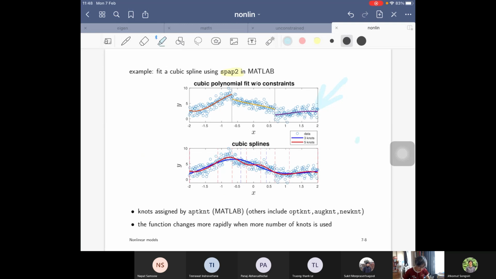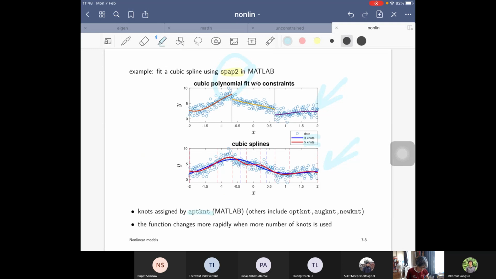In the bottom row, we consider two cases, 3 knots and 5 knots. With this command, I specify the number of knots I want, but the locations are chosen by MATLAB.